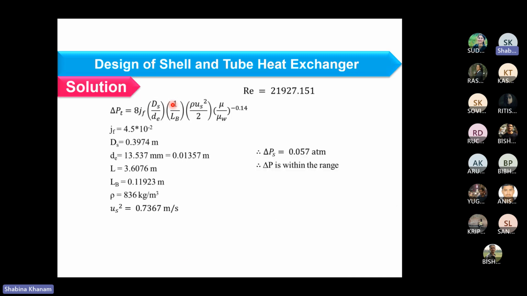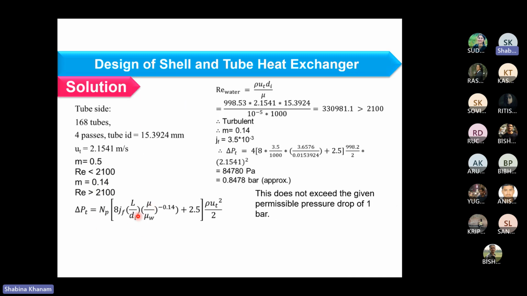However, when you are calculating the tube side, the length should be the total length, not the effective length. Please keep this in mind. Tube side, you need to consider total length for pressure drop. Shell side, you need to consider effective length.